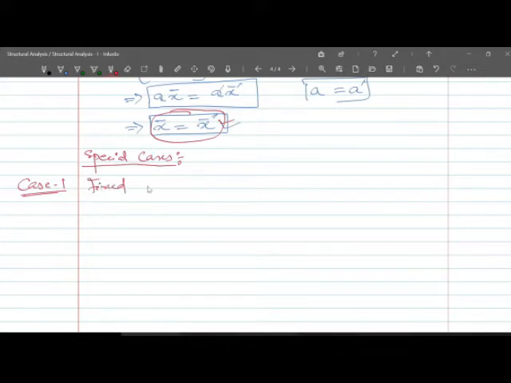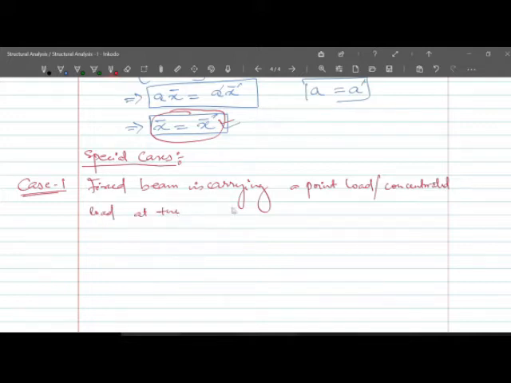Fixed beam is carrying a point load, or you may call it a concentrated load at the midspan or at the center, you may also call like this.